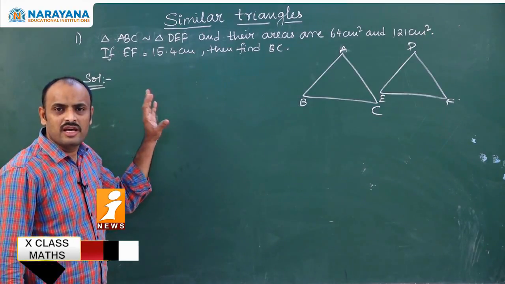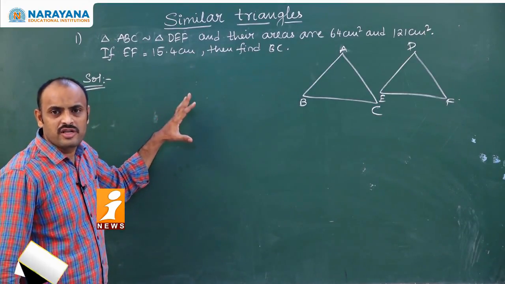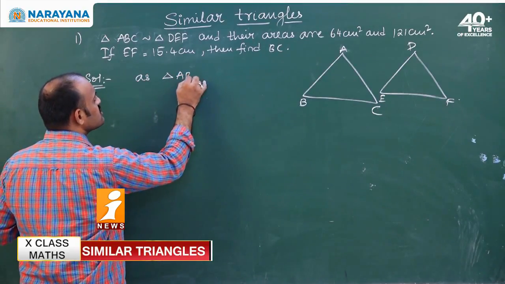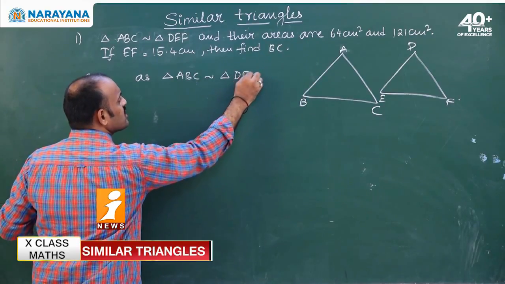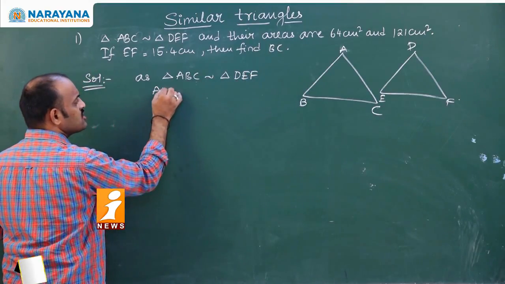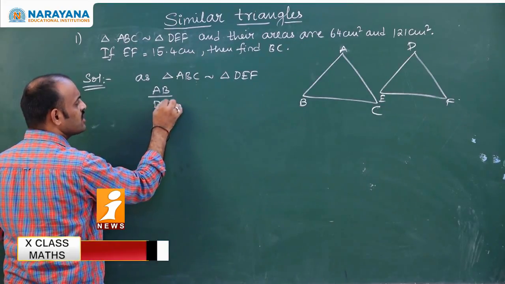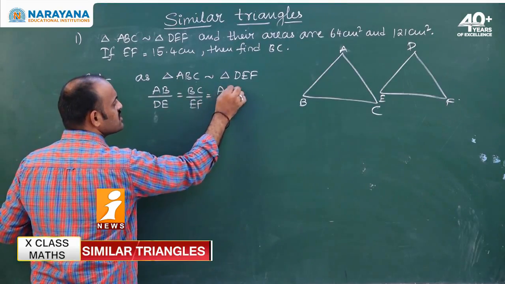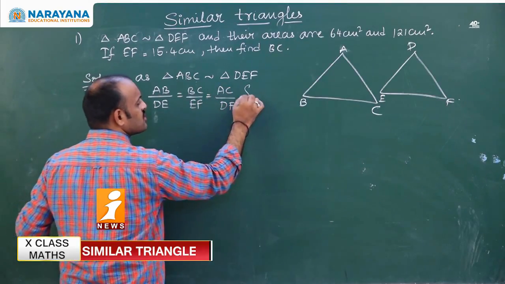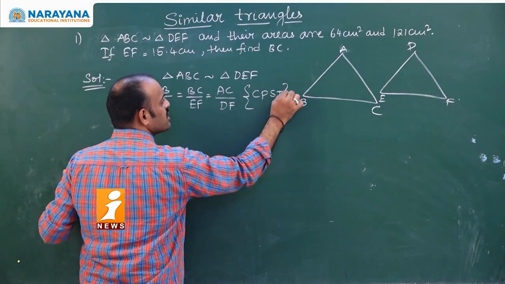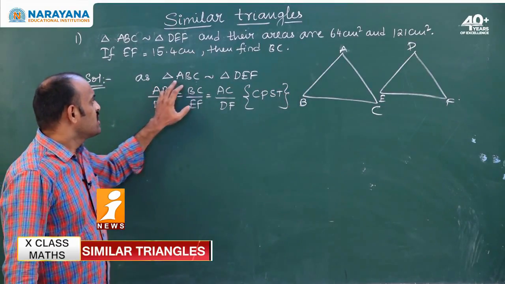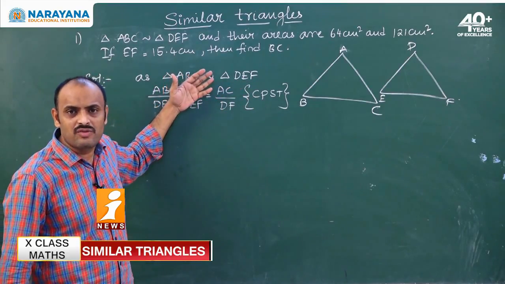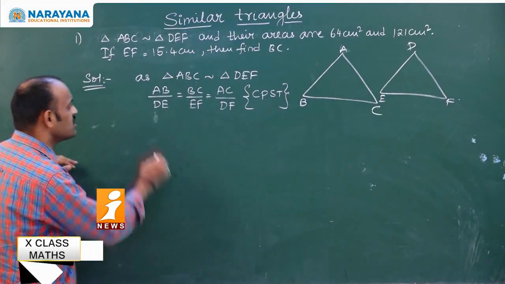As triangle ABC is similar to triangle DEF, the ratio of the corresponding sides are equal. AB by DE is equal to BC by EF is equal to AC by DF. Reason: CPST. And one more thing, if two triangles are similar, the ratio of their areas is equal to the square of the ratio of the corresponding sides.